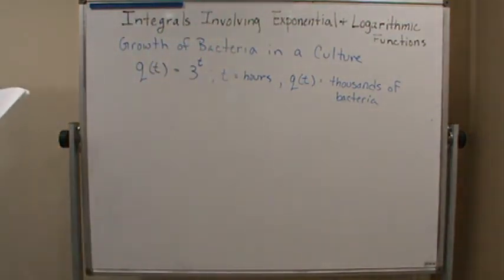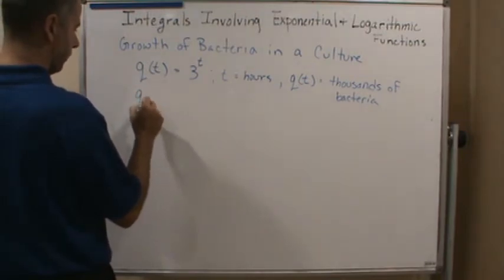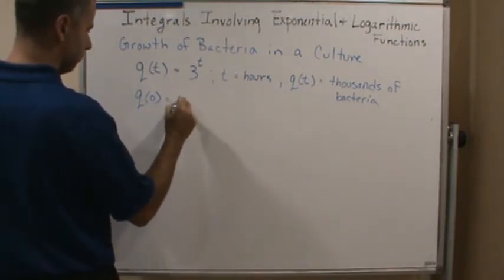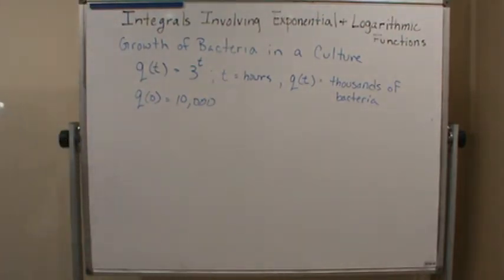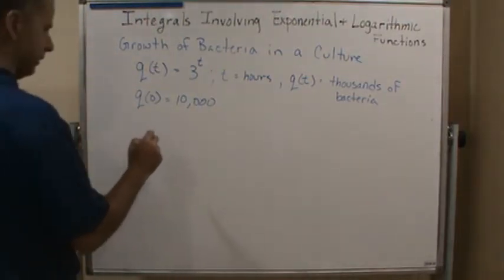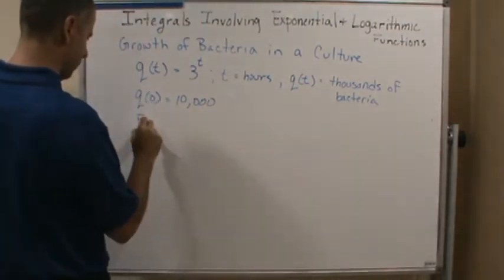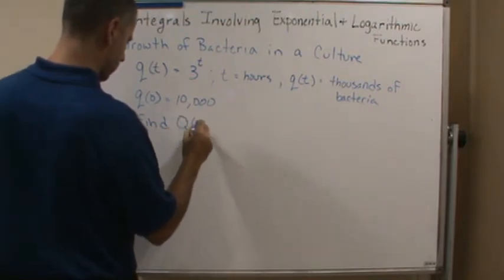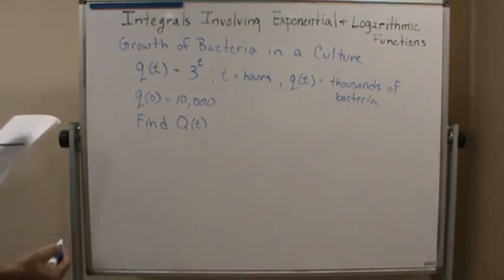Now it says if a culture starts with 10,000 bacteria, so let's call this Q0, find the function capital Q of t that gives the number of bacteria in the petri dish at time t.